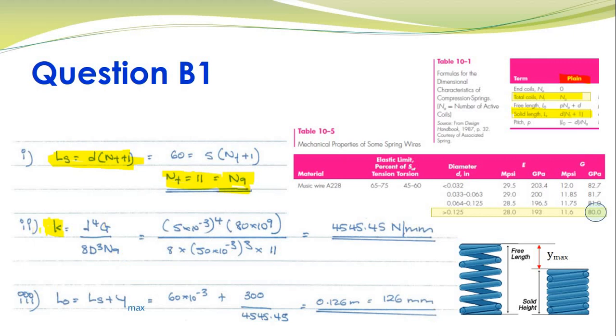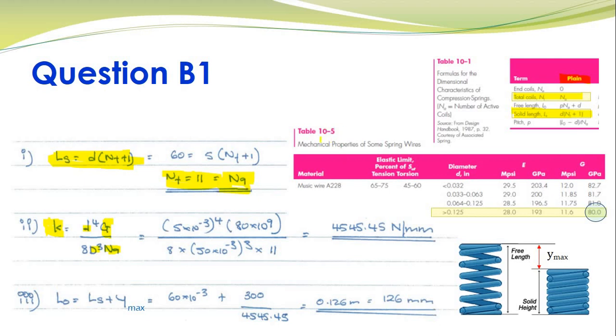Now, this we don't know. We know our wire diameter, we know our spring diameter, and we know our Na from the previous step. So we have to find the value of modulus of rigidity. How do we do that? For this we have to refer to table 10-5.